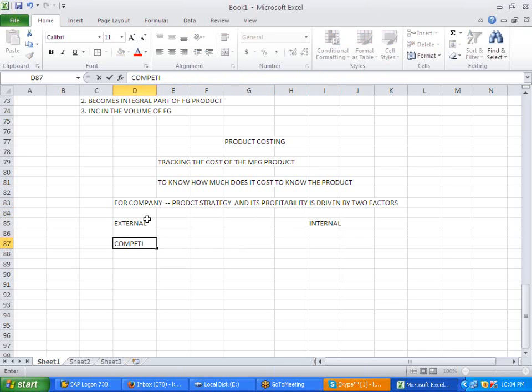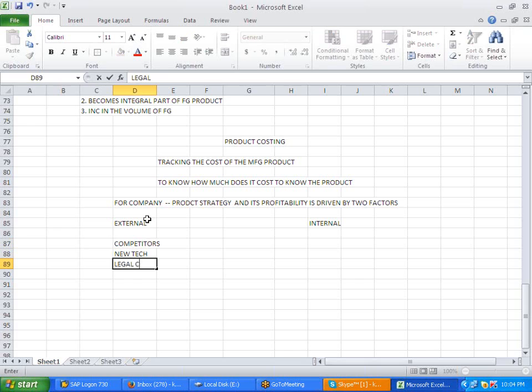Competitors. Does it not affect the pricing of the product? It affects the costing, right? External factors, new technology, it affects the costing.